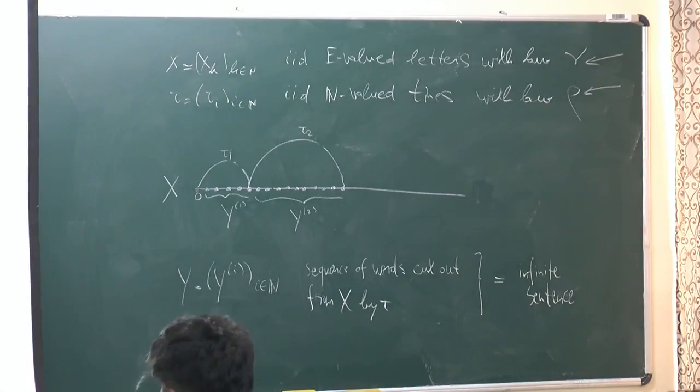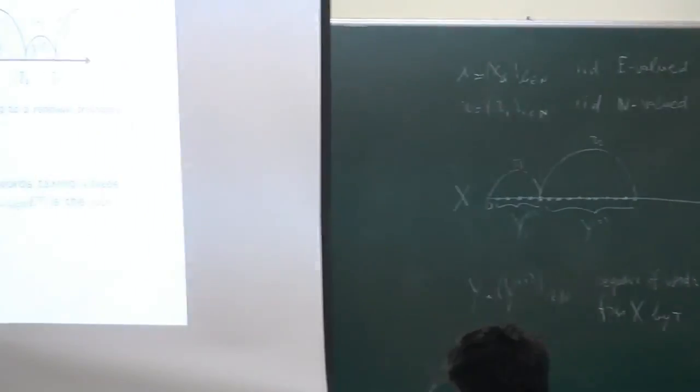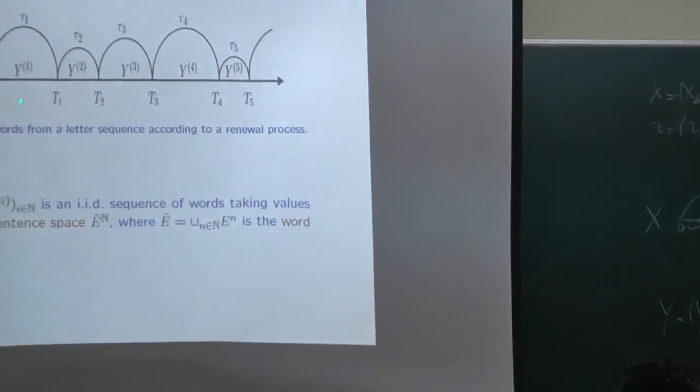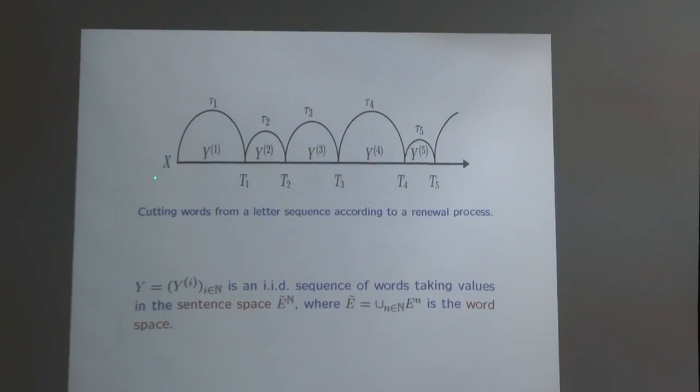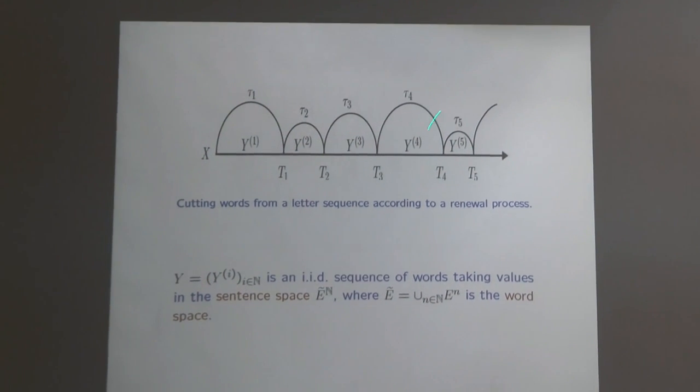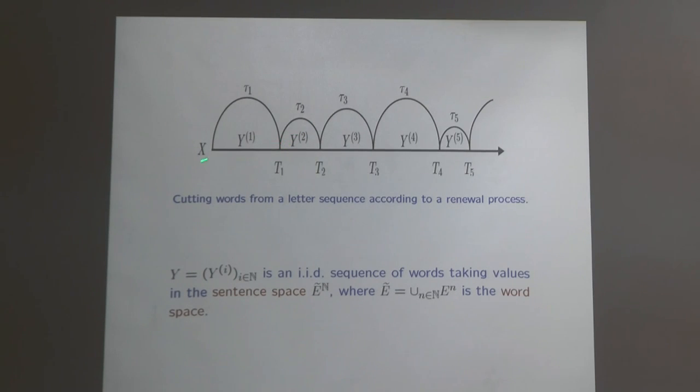Okay, so that is the object that I'm building. And here is this picture again, which I have on the blackboard. So it's very simple. You give yourself a realization of this sequence of letters, and now you jump forward always by these random times, and each time you look at what you have jumped over, and that gives you a random word, and the word has a random length and a random content.